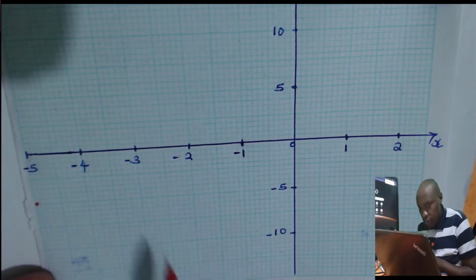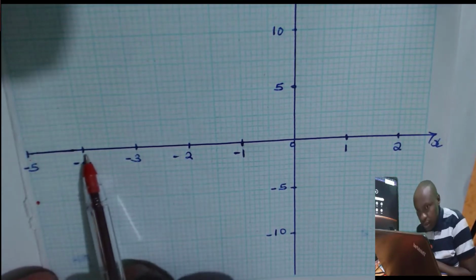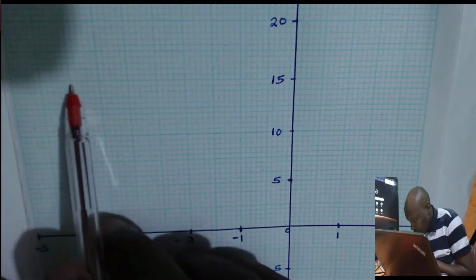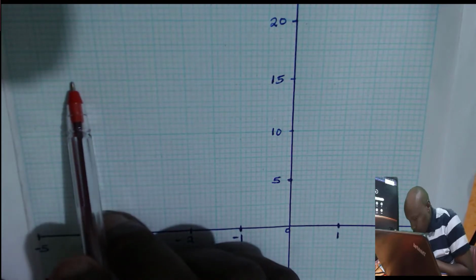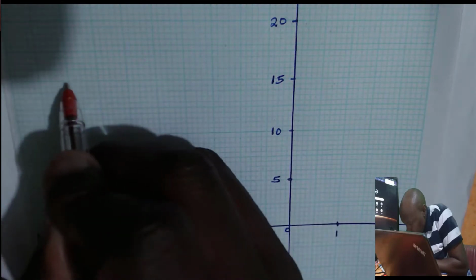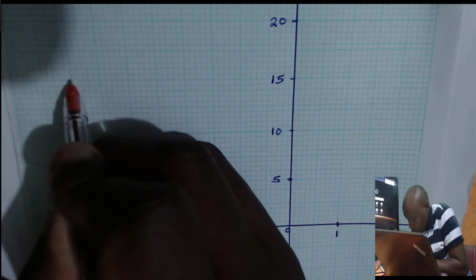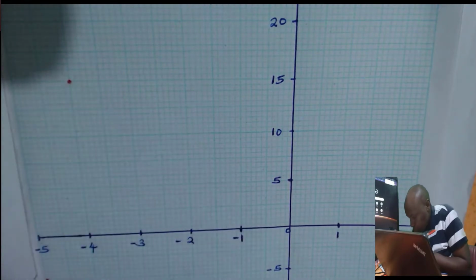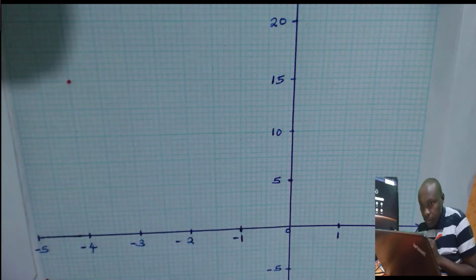Negative 4 is here. Then I have to go up to where I have 15. 15 is here. That is where you should have the point.